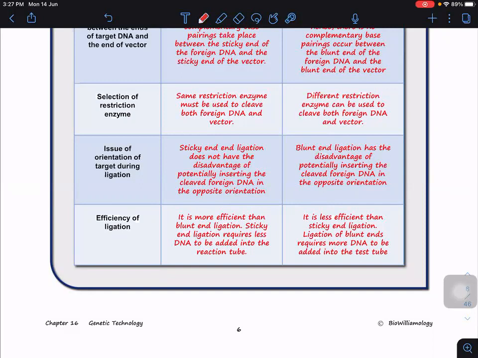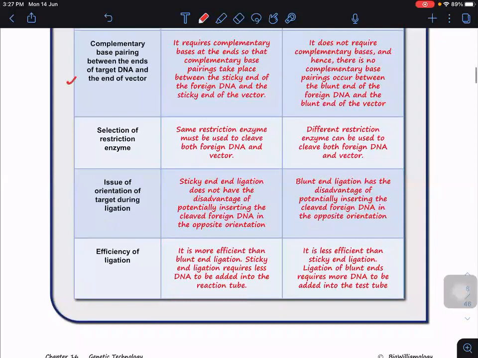So I'm very sure that most of you are now confused about this part, points 1, 2, 3, and 4. So take a 5-minute break, then come back. I will use animations to show you what is meant by complementary base pairing between the ends of the target DNA, meaning the DNA that we want to insert into the vector, how we select the restriction enzyme, and what is meant by orientation of the targets during ligation.